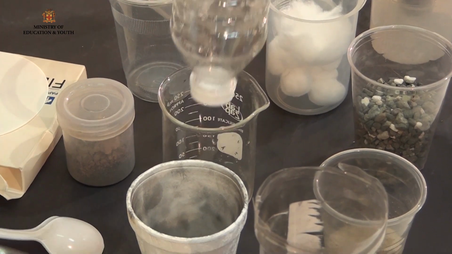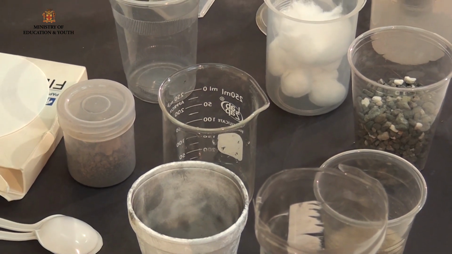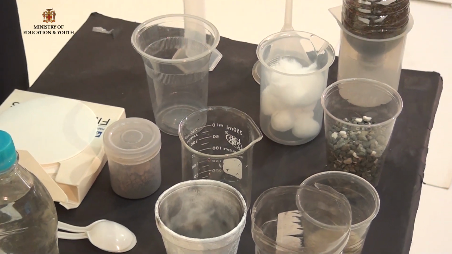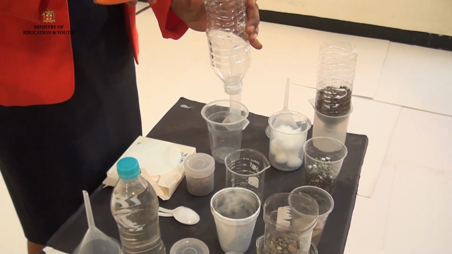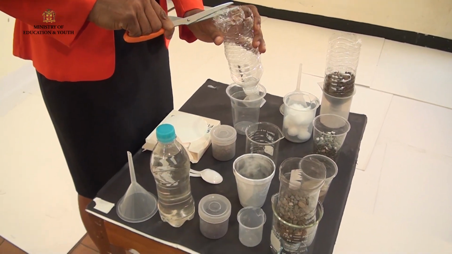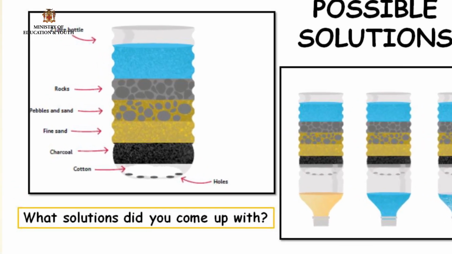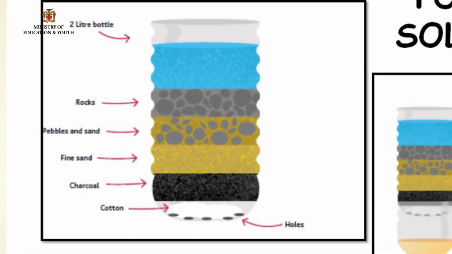All right, so we get our plastic bottle and we are cutting our bottles just to get the top section removed. And we're adding our first layer. If you look at the diagram, we'll be placing our cotton wool at the bottom.